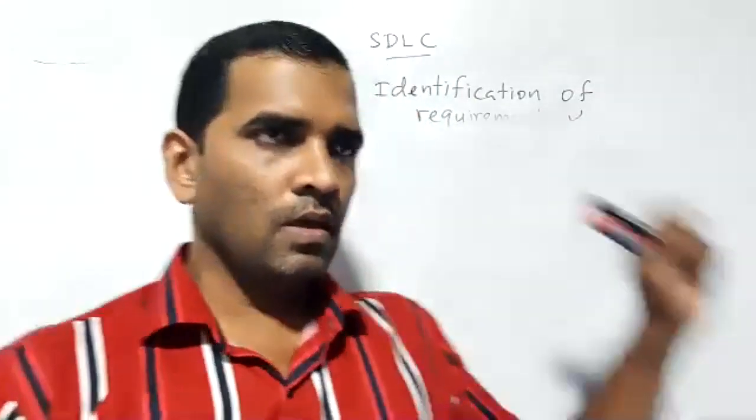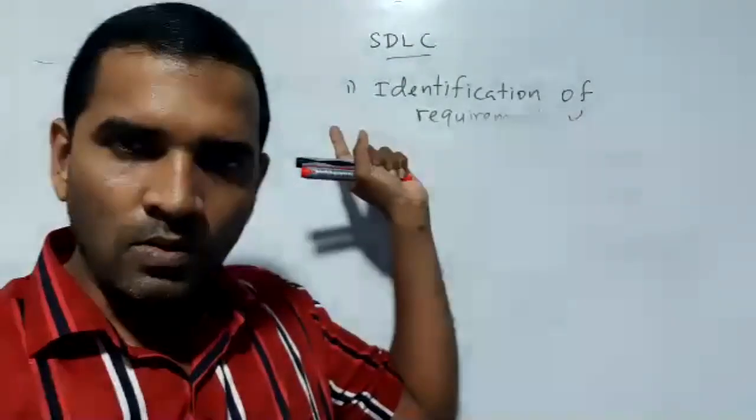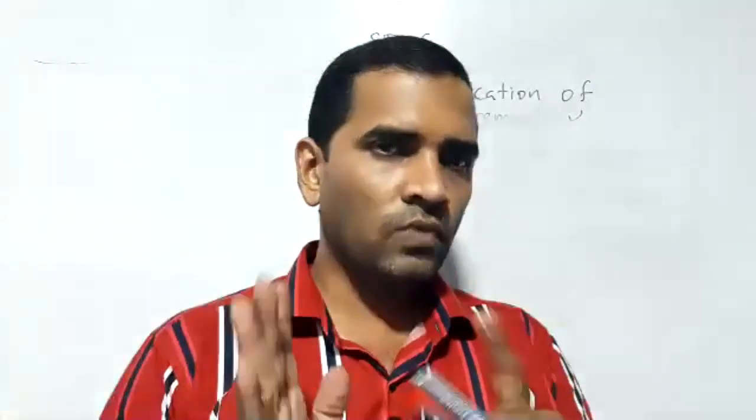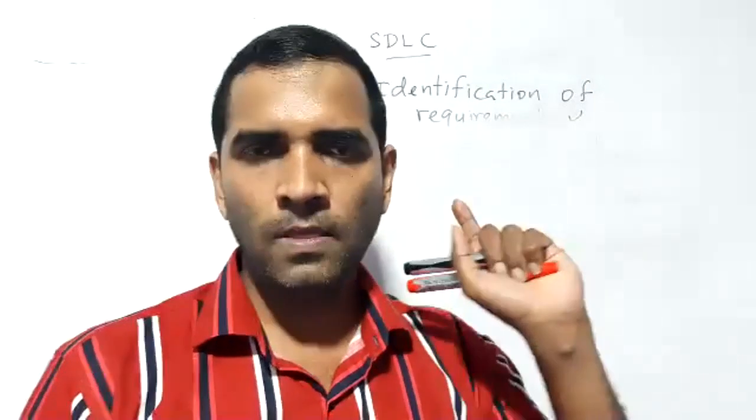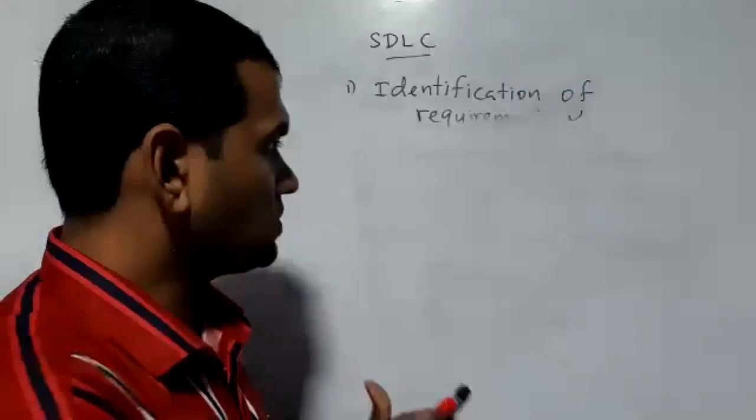Now we all know that SDLC is for developing a CBIS. There's no doubt. It is not for manual systems. It is for computer-based information systems. So SDLC is a collection of processes for developing a computer-based information system, CBIS.